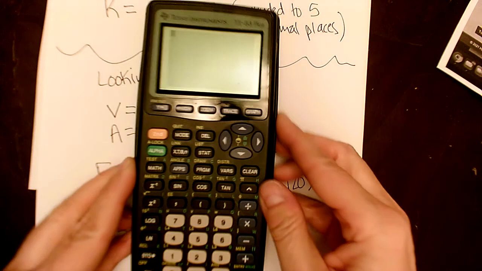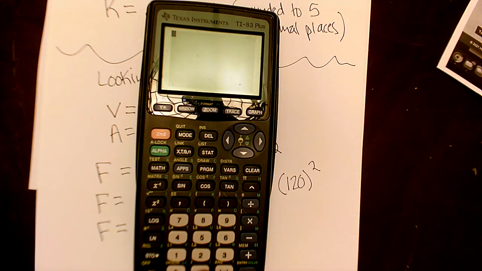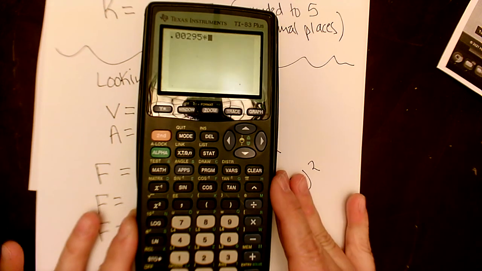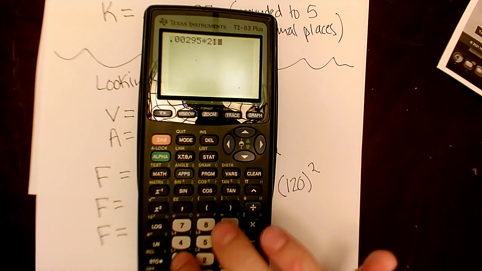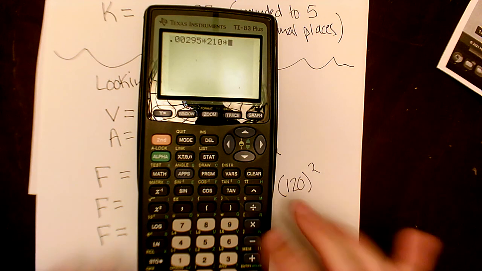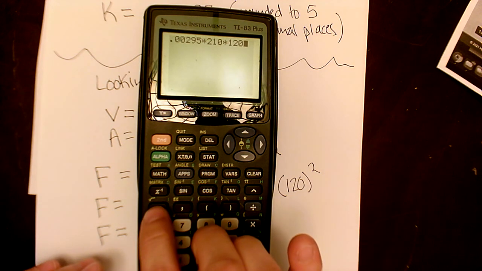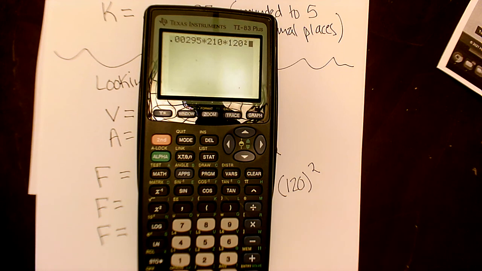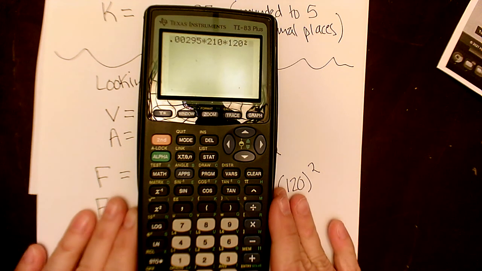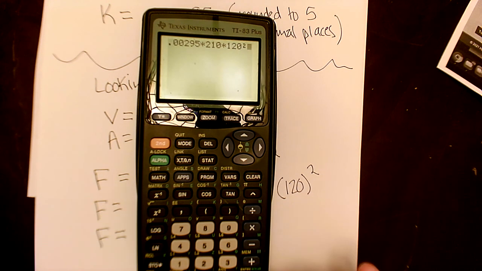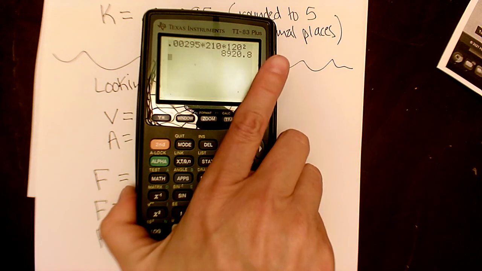So 0.00295 times 210 times 120, and here's the square button again. This should give us our answer. Let's see what we get. I'm getting 8920.8.